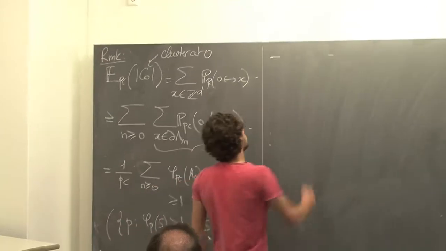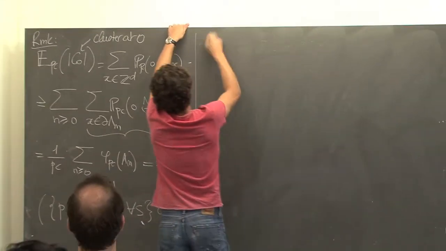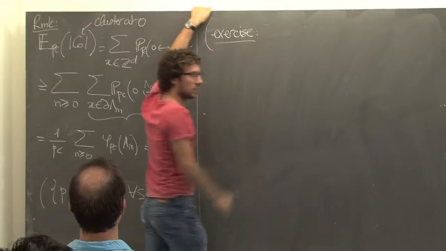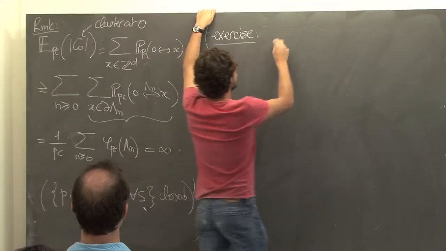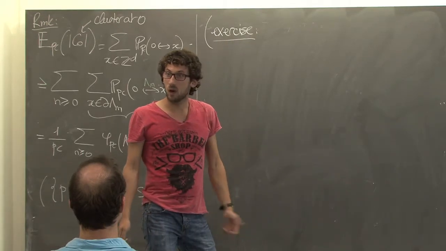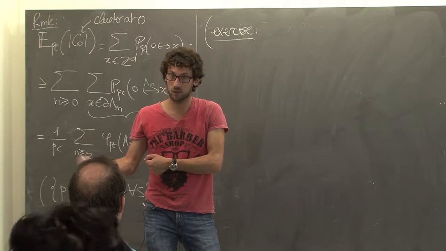And you can deduce, if you want some nice exercise, actually maybe it is in the exercises, I don't remember, you can look at the rate of decay for P smaller than PC. At which speed do I decay to 0?